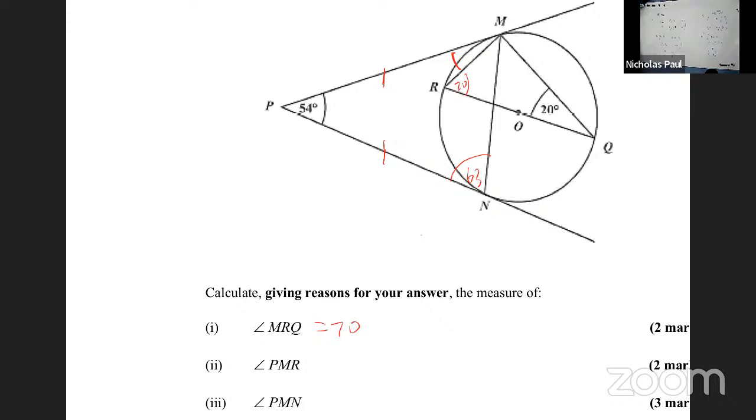You all remember the last rule? When a chord is cut by a radius. Anybody remember that?